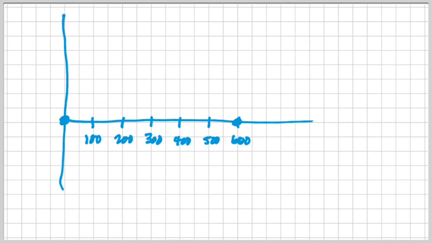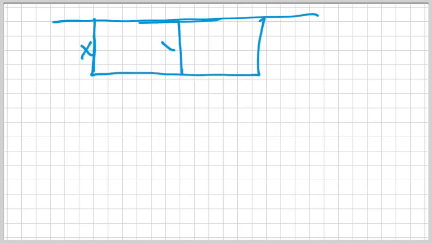And I want to find the maximum area I can get for that. So this is x, this is x, this is x, and they say this side is 600 minus 3x.